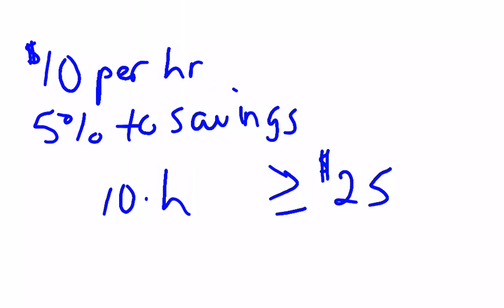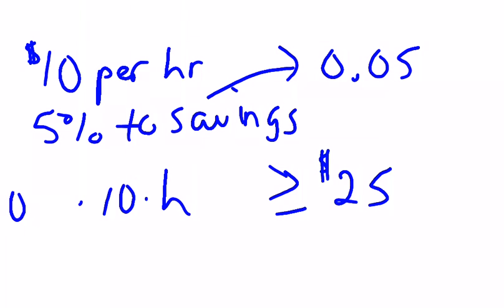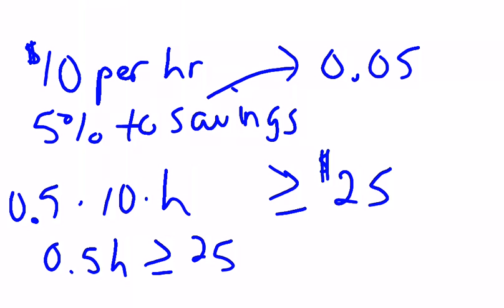So with 5%, we have to change that to a decimal. That becomes 0.05. And we multiply that as well, so we know just how much of her earnings go into savings. So then we have to do 0.05 times the 10 to condense the left side, and we get 0.5h greater than or equal to 25.